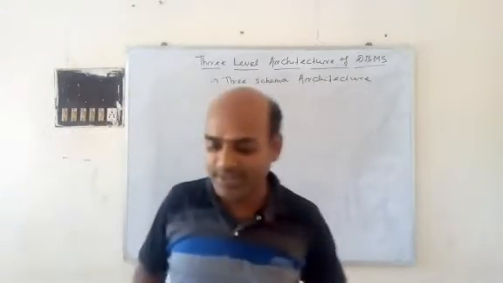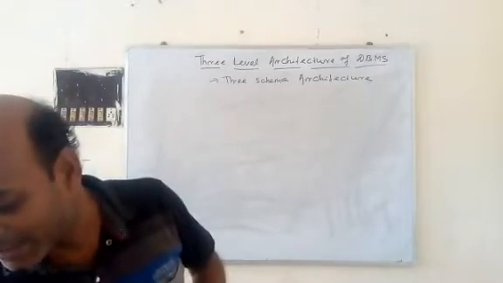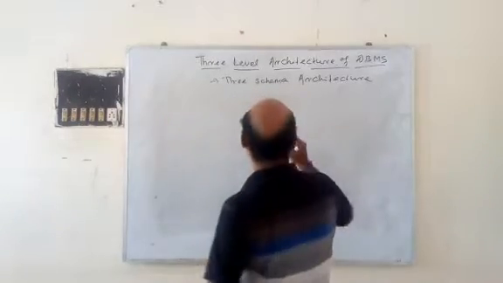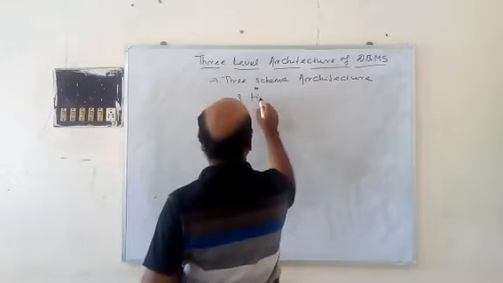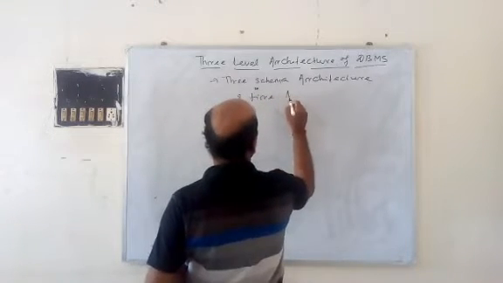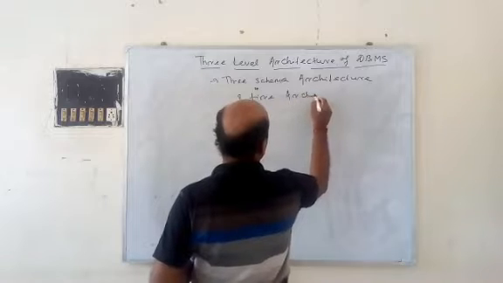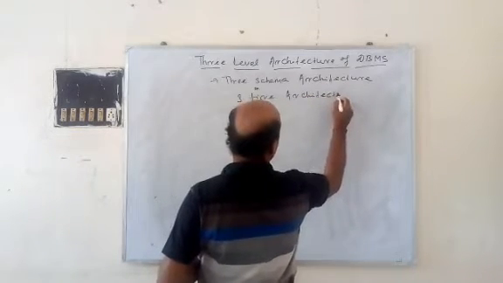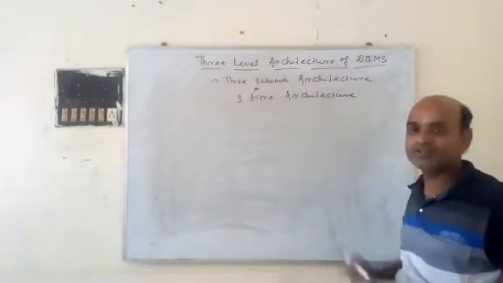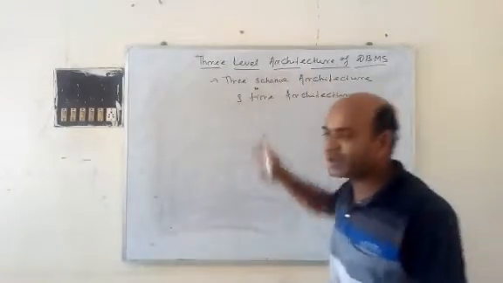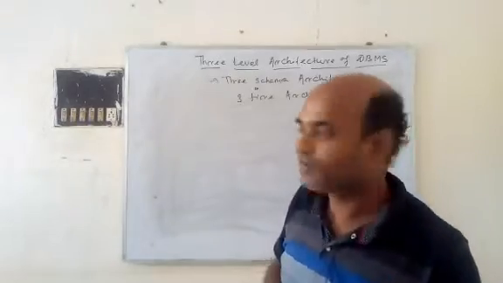I will tell you what a schema is. So the three-schema architecture, three-tier architecture, or three-level architecture of a database management system.